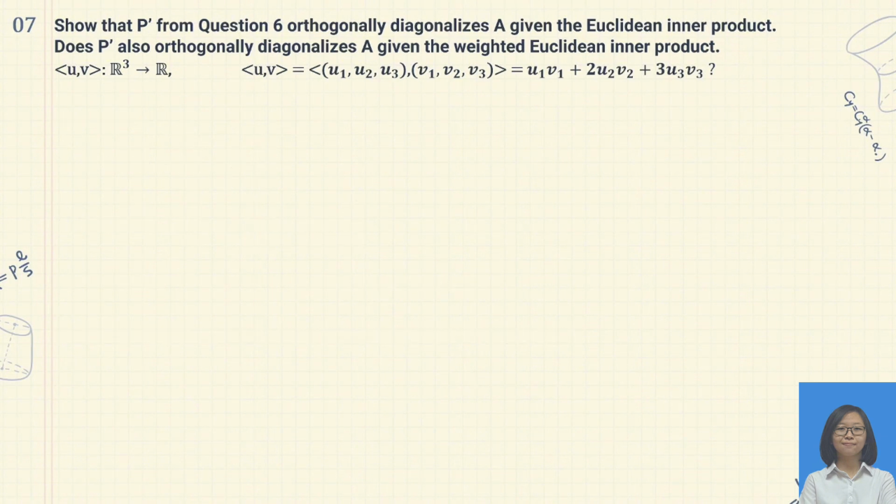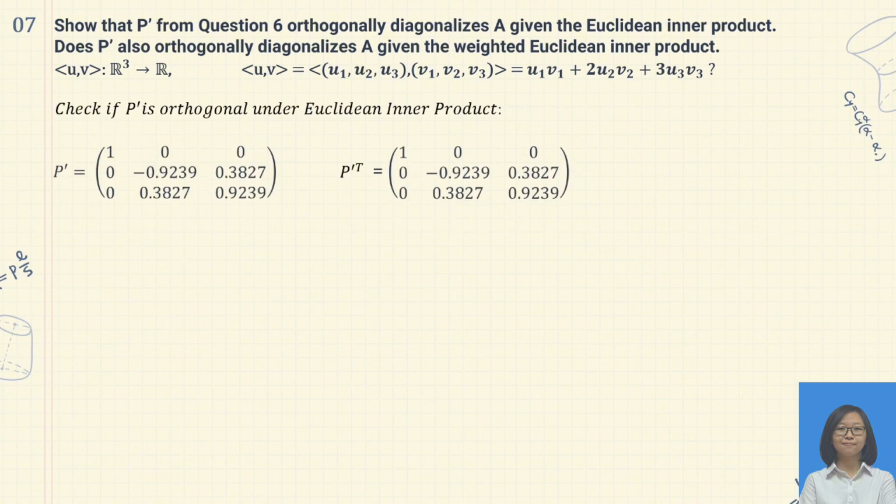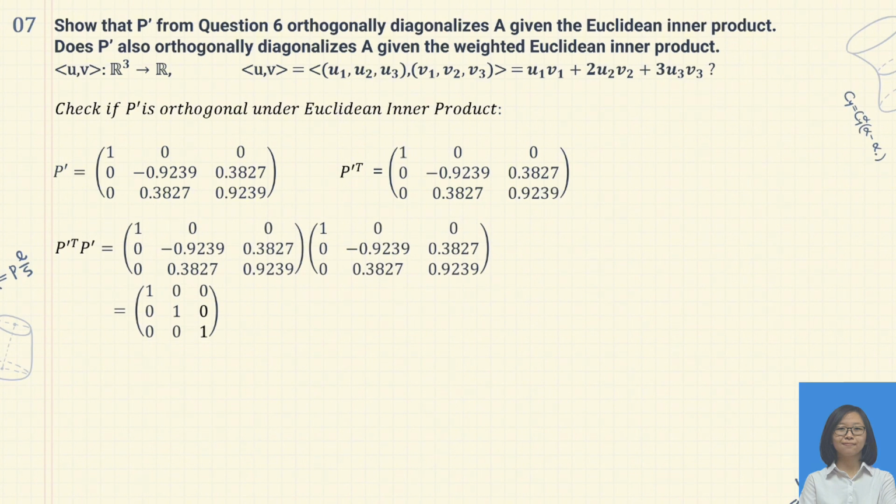Now let us start with the first part, which is whether P prime orthogonally diagonalizes A given the Euclidean inner product. We can use the P prime value to get the P prime transpose value. Next, to check whether the matrix is orthogonal, let us multiply P prime transpose and P prime.